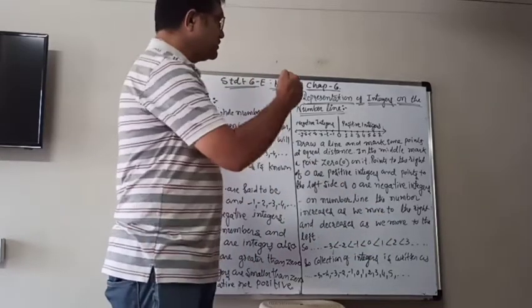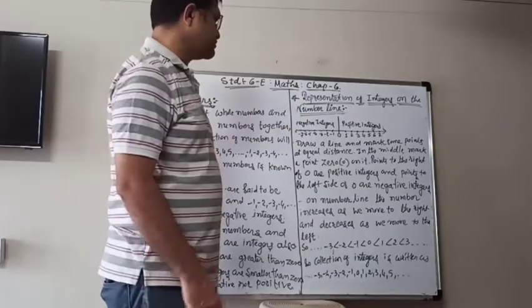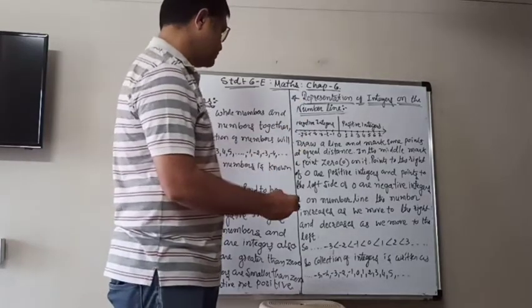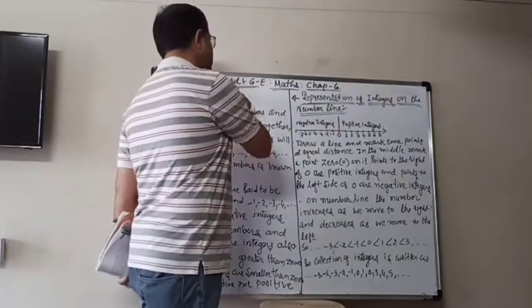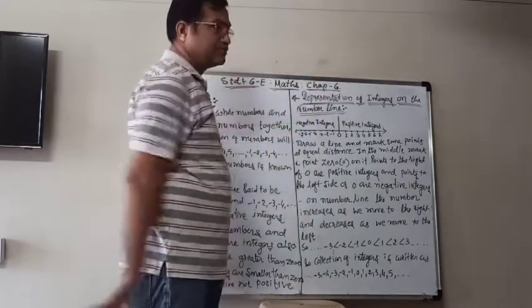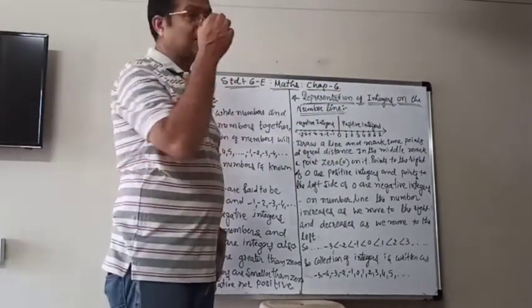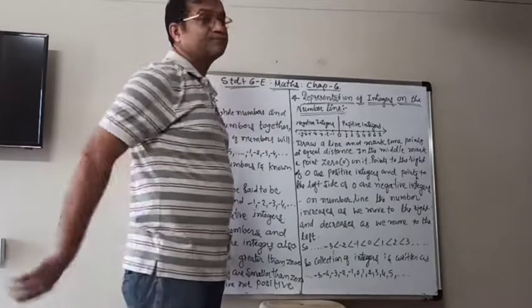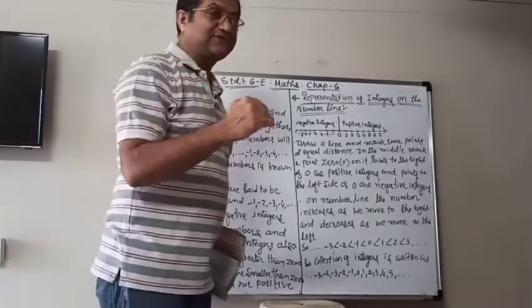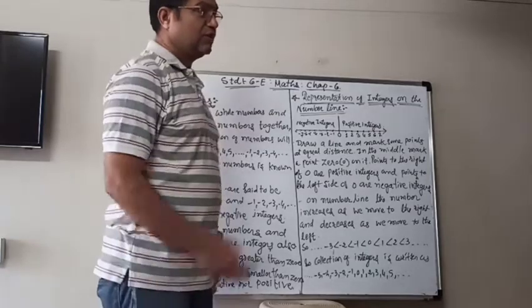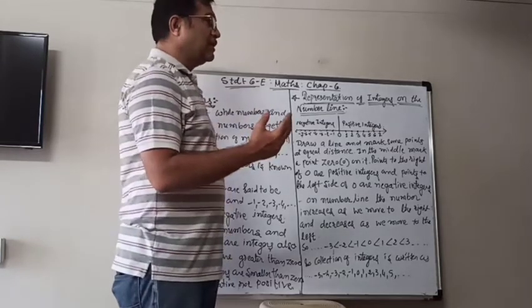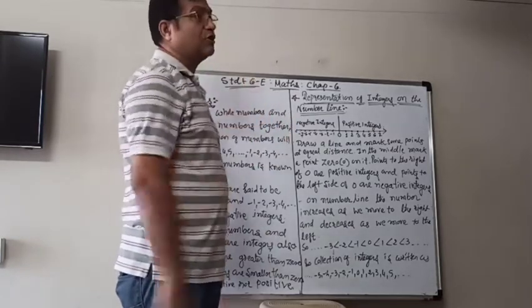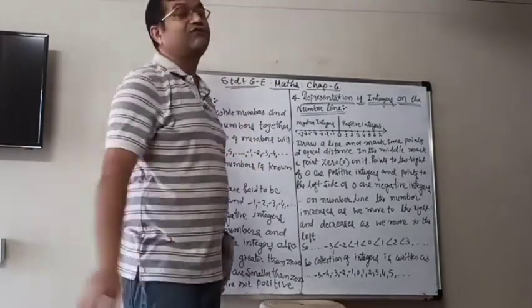It means that if you want to write the collection of integers, like natural numbers we write 1, 2, 3, 4, 5, 6, and whole numbers we write as 0, 1, 2, 3, 4. To represent the integers, we must start from dot dot dot, because they are also infinitely many.